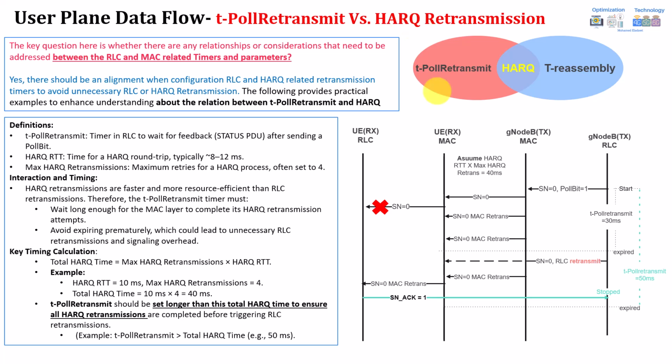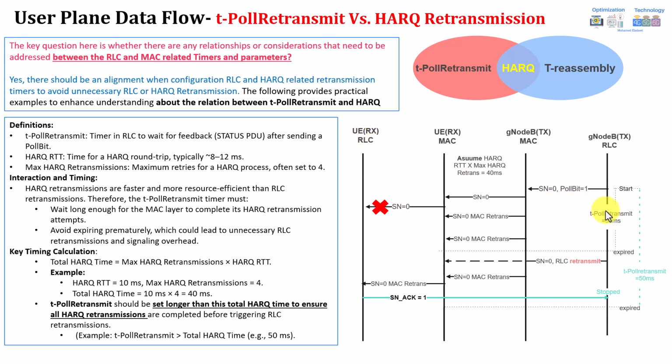Here I'm assuming that the maximum HARQ time required is 40 milliseconds for the HARQ transmission. And in the first example, I'm assuming that T-PollRetransmit is set at 30 milliseconds. As we highlighted before, T-PollRetransmit will start once the transmitter sends a poll bit equal to 1, requesting the receiver to send the feedback.